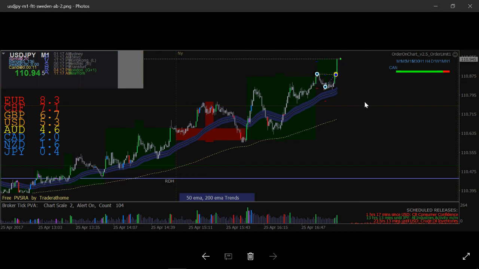Looking at it now, that makes sense to say so. But anyways, you know why I closed it here? Because at this time, this green candle was making double shoulders with this high. So this was the last high, and this new high was the same height as the previous high.